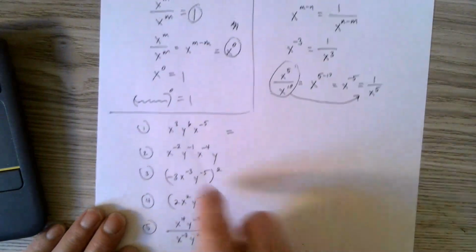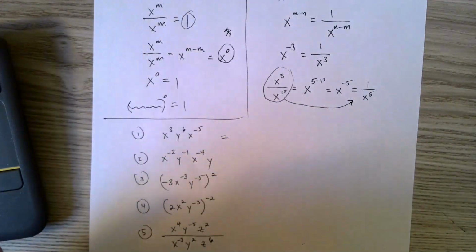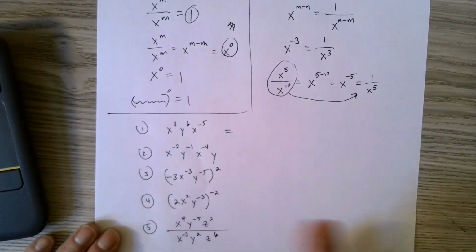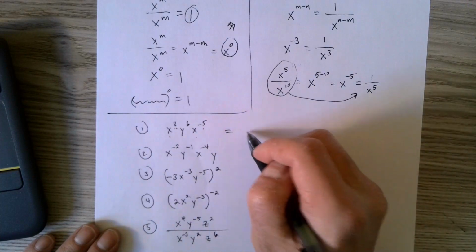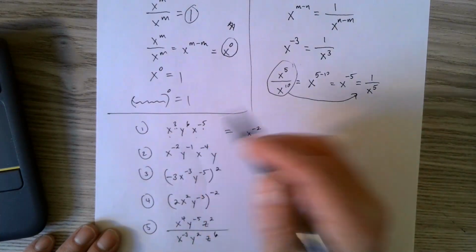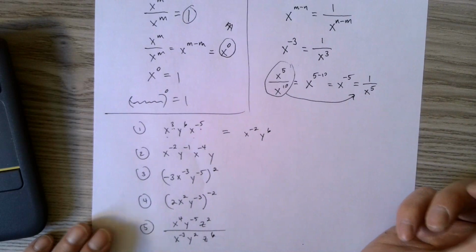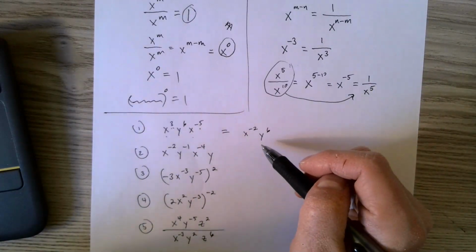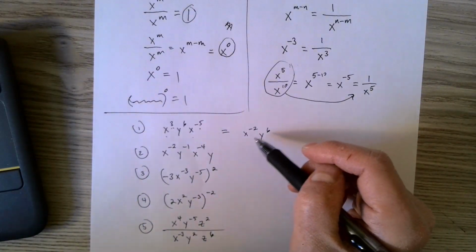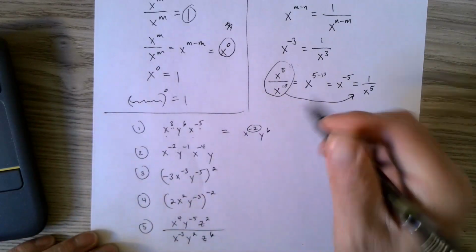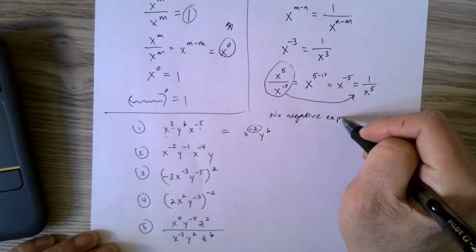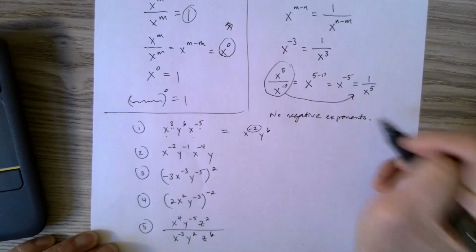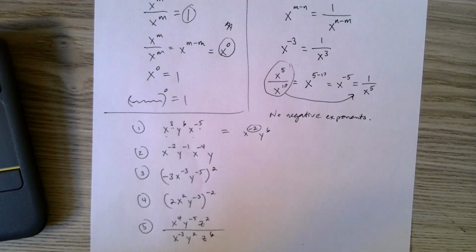Okay, in number 1 here, I'm just going to use the multiplication of like bases rule, first law, and I will add the exponents 3 and -5 because those are the exponents of x, and I get x to the -2, and then followed by y to the 6th. Now I'm not allowed to leave the expression in this form because when we simplify expressions with exponents, we are not allowed to leave any negative exponents.